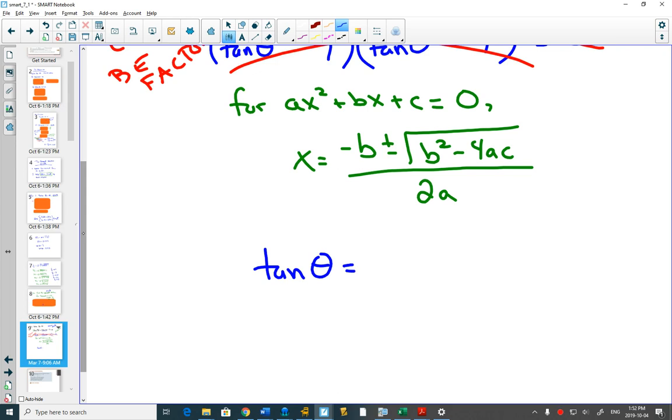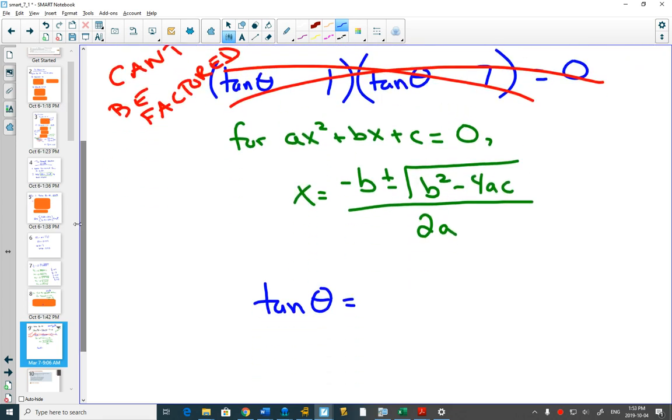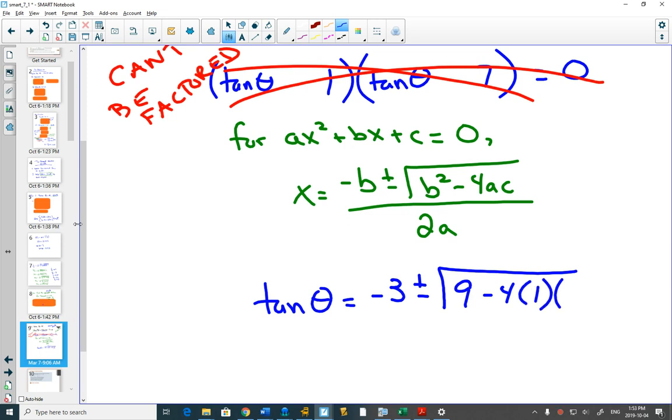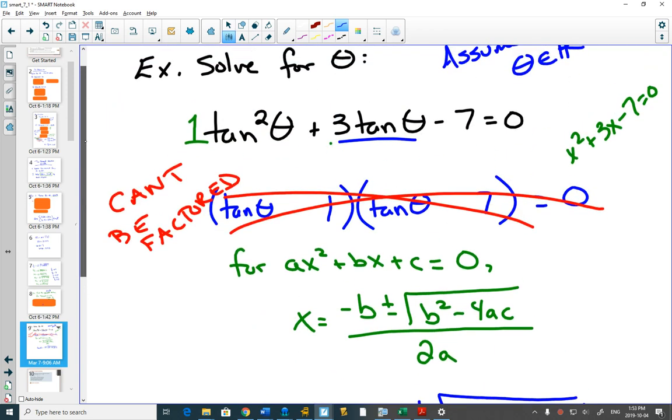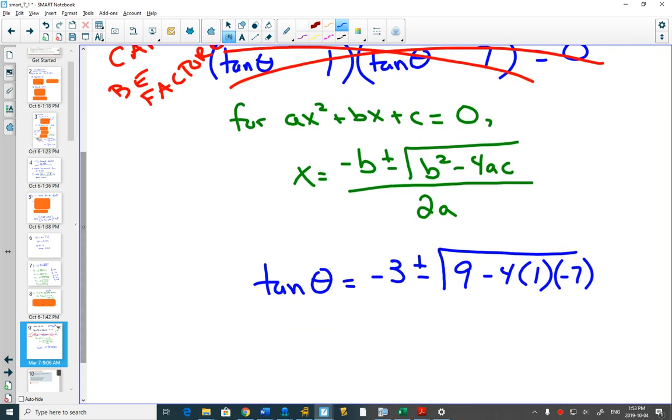tan theta equals negative b, negative 3, plus or minus b squared, which would be 9 times 4. A was 1. C was negative 7. Correct, or positive 7? Nope, negative 7. All over 2 times A, 2 times 1.